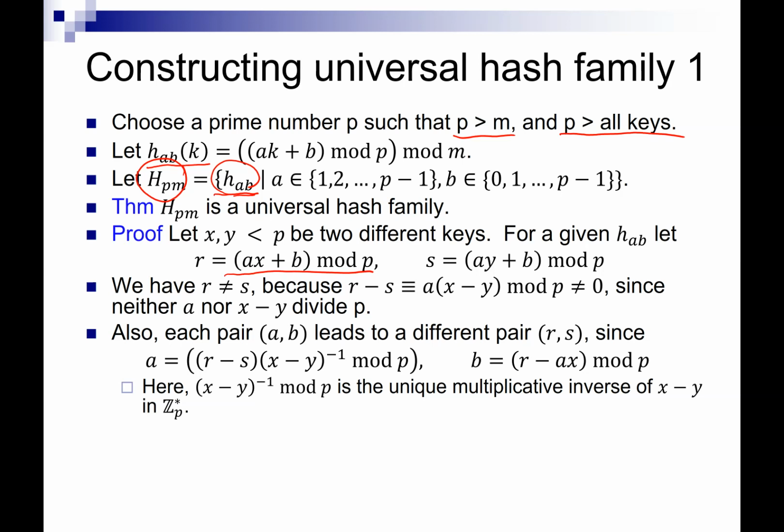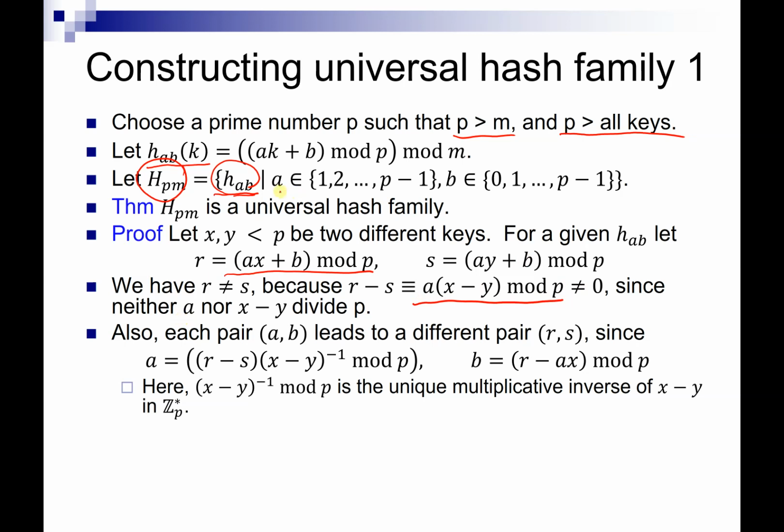This is because if you do r minus s, then this is congruent to a times x minus y modulo p, because all we're doing is taking ax plus b minus ay plus b, and then taking that modulo p. Now this value here is not going to be 0, and the reason is that a is not going to divide p.